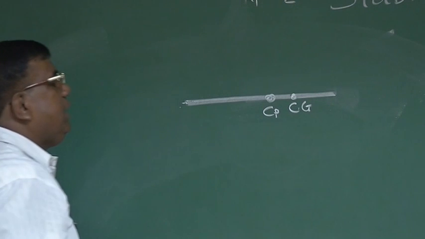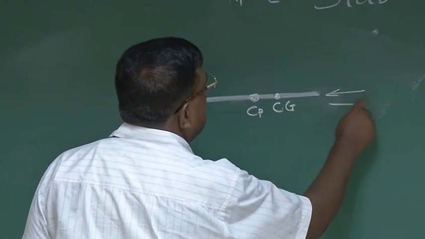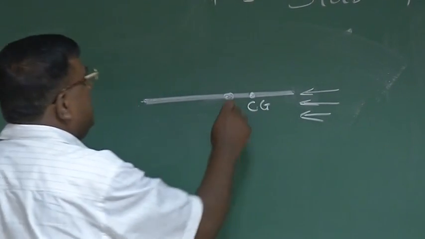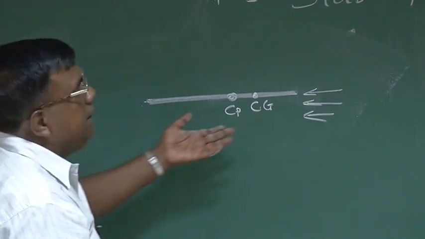So I am taking a simple case that this plate is designed such a way that we have given more mass towards the nose of this plate, so that Cg is in front of center of pressure, or I say center of pressure is behind Cg, or center of pressure is aft of Cg. And this is, you know very well, the statically stable case.